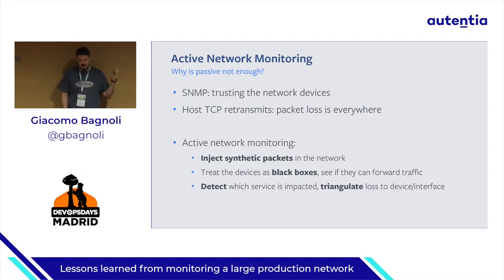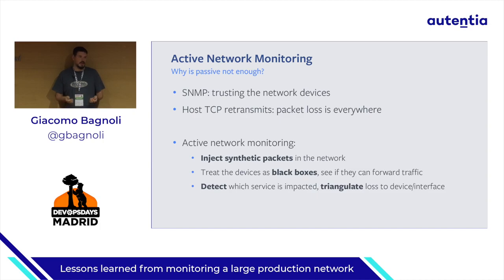There are other teams that do that, but my team focuses on the active part, which is basically that we inject packets into the network and try to see if the network is able to move the packets around. If you know how ping works, it's exactly that, just on steroids. We treat the devices as black boxes. We don't care how many of those are in between, how they're configured, or where we go.